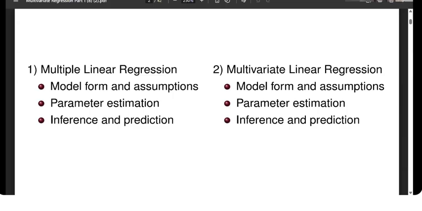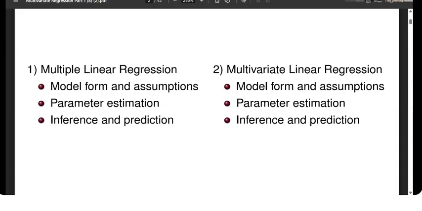On Wednesday and Friday, the focus will be on more than one outcome variable. But today, our focus will be on one outcome variable and many predictors. And of course, if we want to investigate a relationship in statistics, we need to start with model specification.